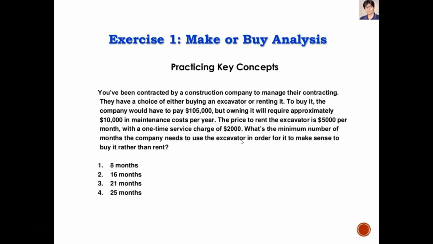What's going to be the answer on this particular question then? What if I look at it at 25 months? 25 times 5 is 125,000 plus 2. So until we get to that 25-month mark, then it becomes cheaper to buy.